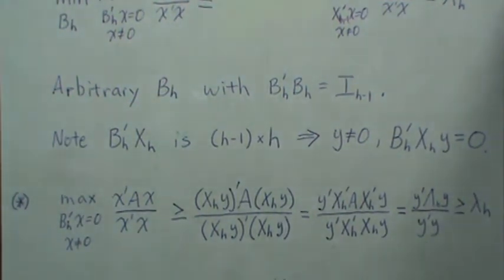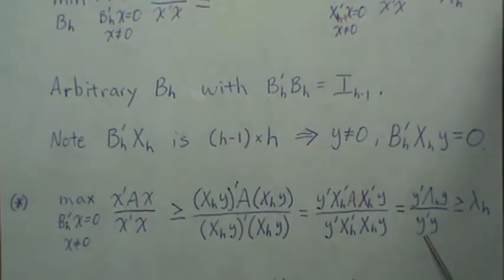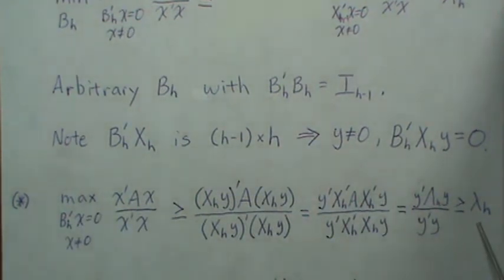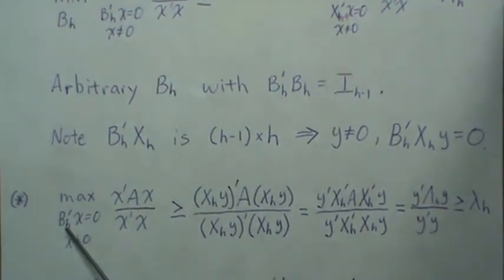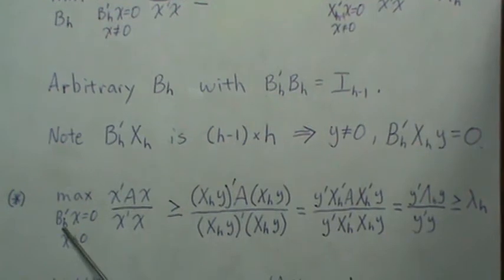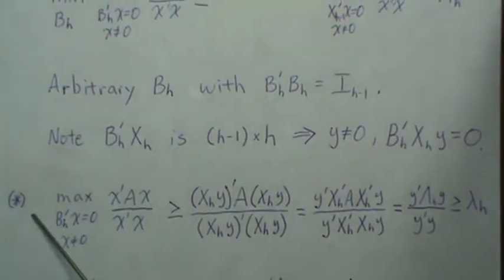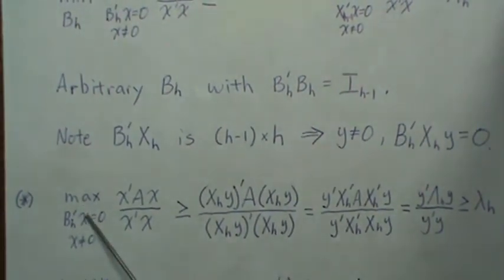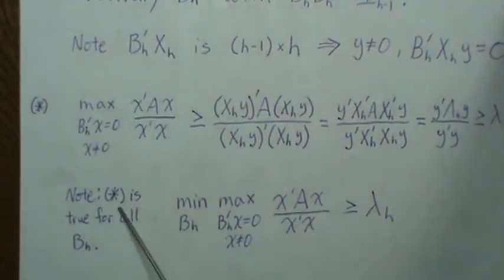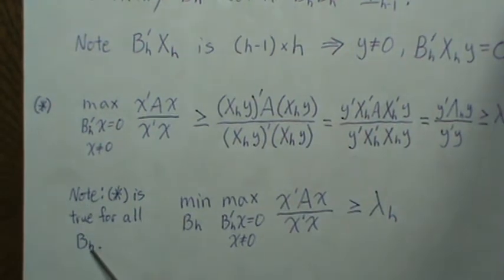And this is also from one of the previous lectures, so it has to be greater than the smallest. But one note is that this tends to be true for whatever BH we pick. So we picked an arbitrary BH. So if we take the minimum, this relationship still holds. And so this is true for all BH.